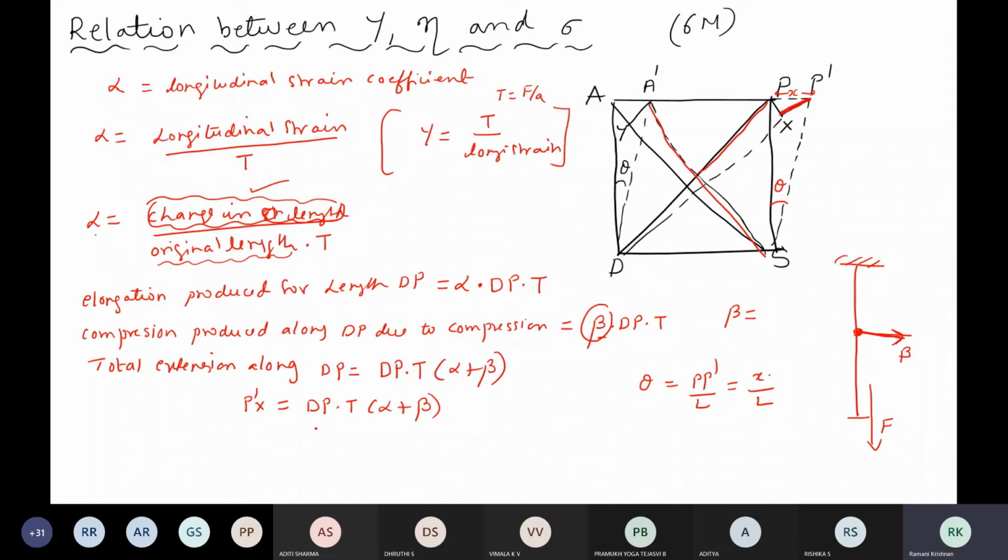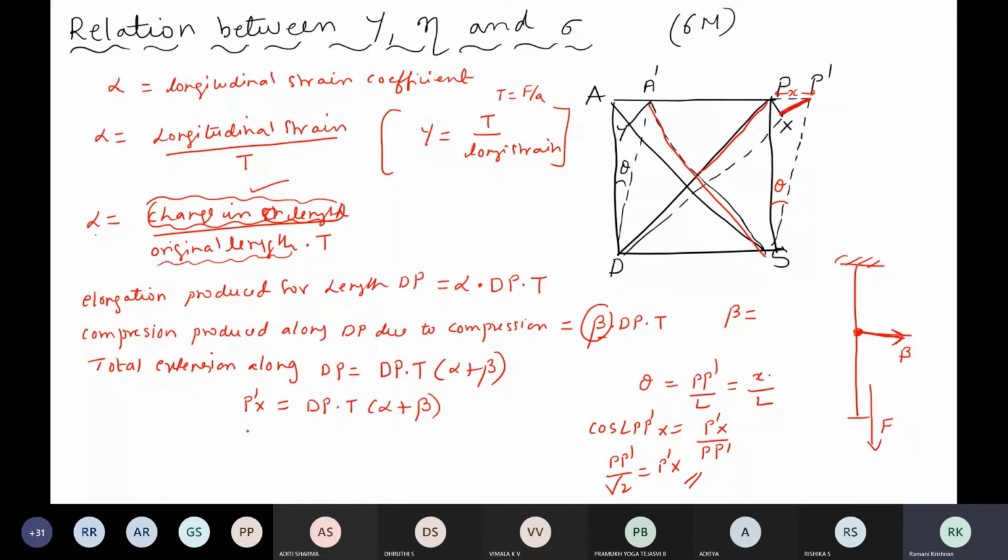Now let us substitute here. Again the same thing, cos of the angle pp dash x is equal to p dash x by pp dash. We saw that, so pp dash by root 2 is equal to p dash x. We used this yesterday, right? So this one I'll substitute here.